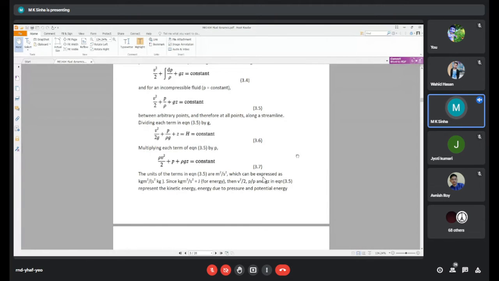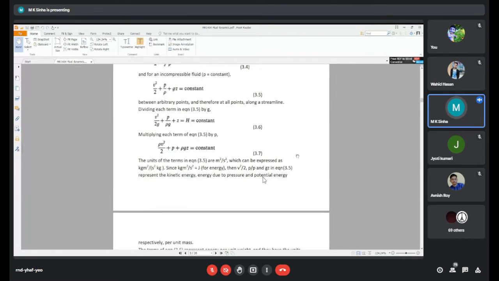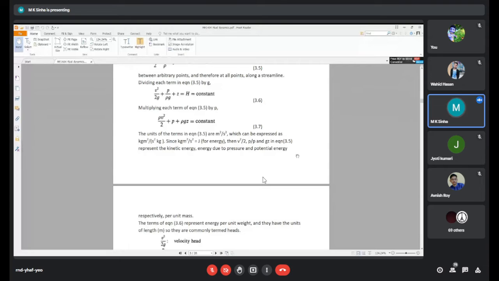So either you can write the Bernoulli equations in terms of the head or in terms of the energy. Generally, civil people use the head form and other engineers may use the energy form. But we also have to discuss the head form for the flow through the pipe.